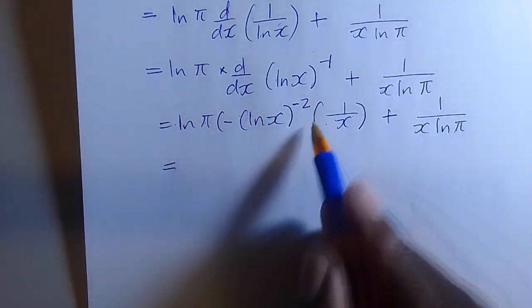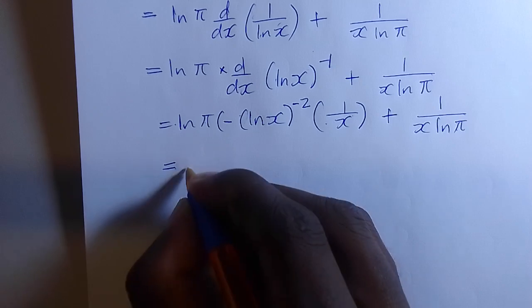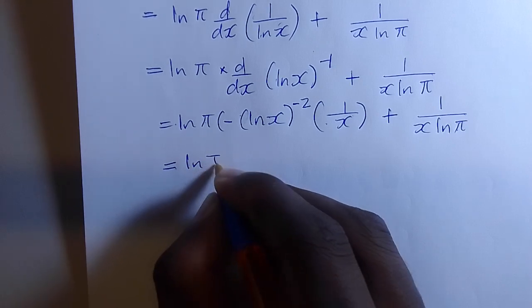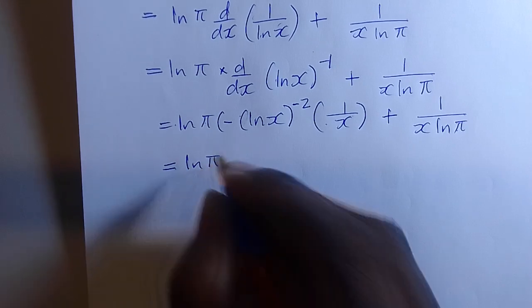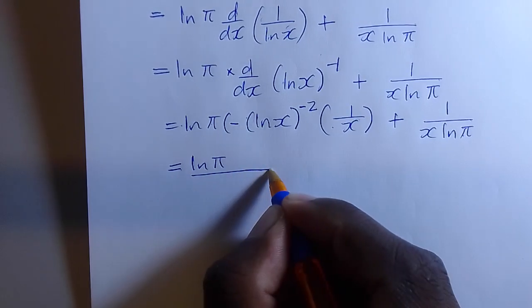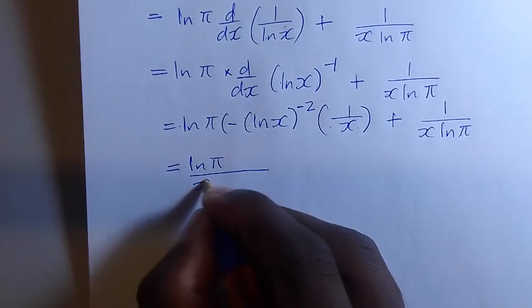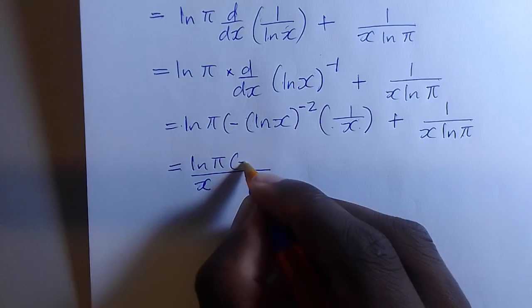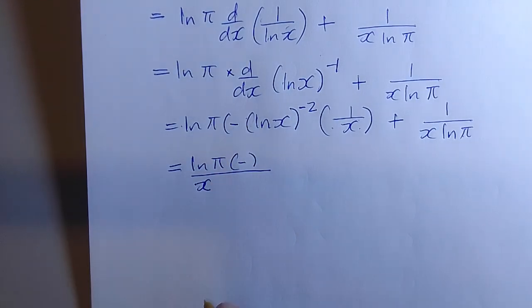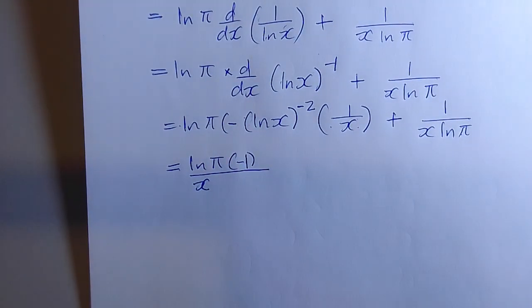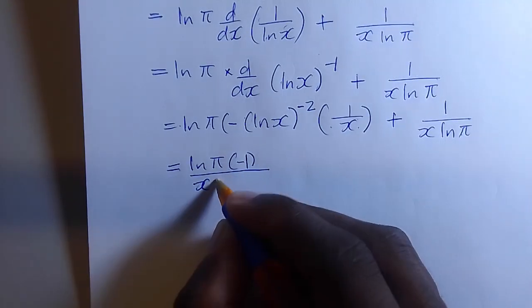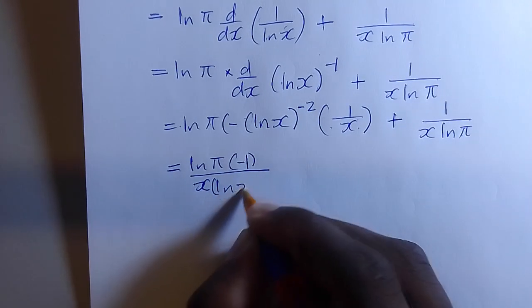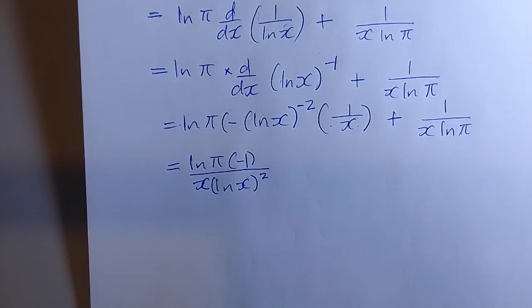Now let's try to simplify this. We have ln pi all divided by, we have x on the denominator, and we have a negative at the top, which we have to deal with, negative 1, and then we have ln x all squared.